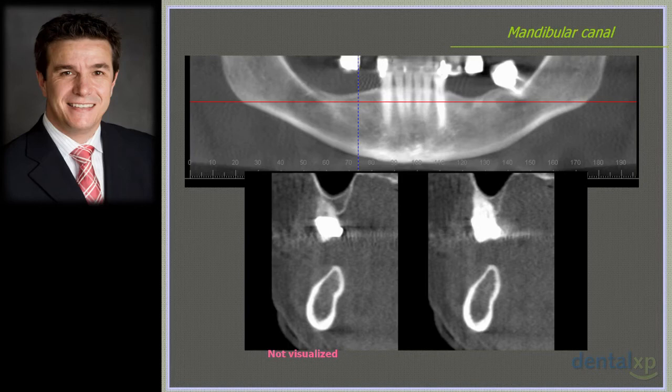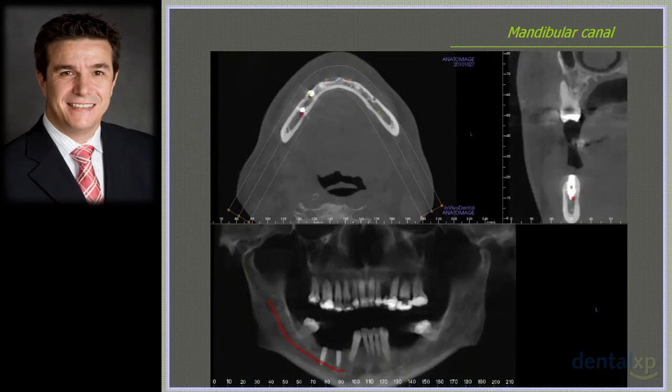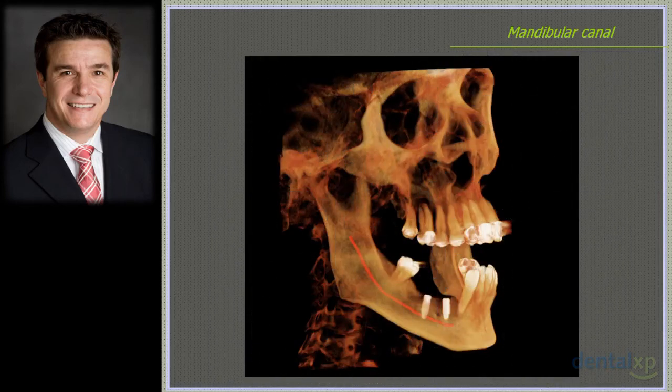I would like to remind you again that if the mandibular canal does not have a corticated border, it's going to be impossible to identify it from other anatomical structures that look alike, such as bone marrow spaces. This case shows you the ramifications of the mandibular canal not being clearly identified in a cone beam CT scan or in other types of diagnostic images.